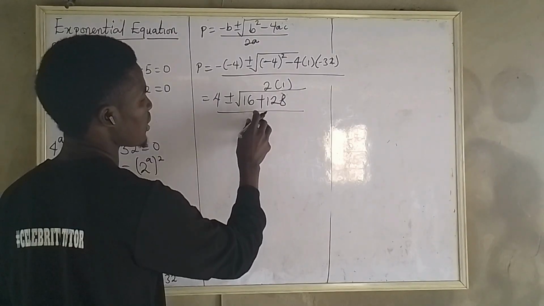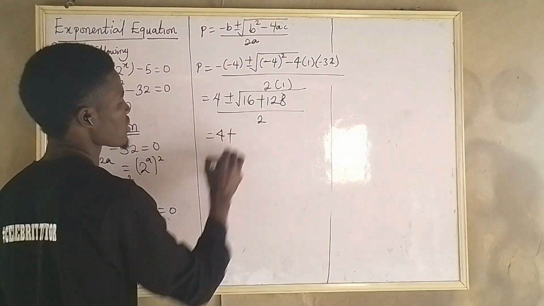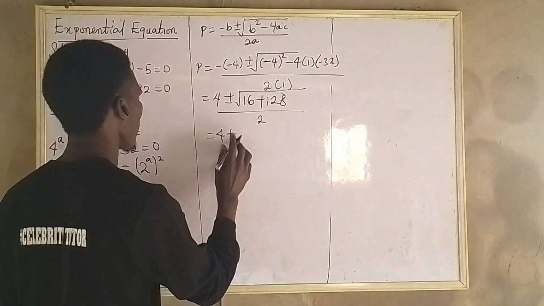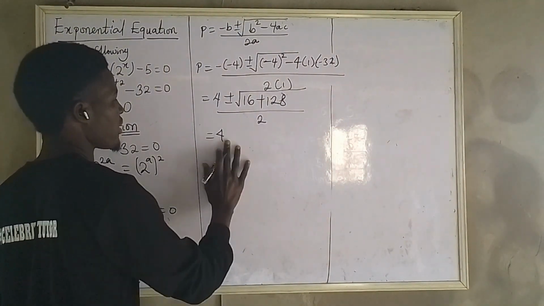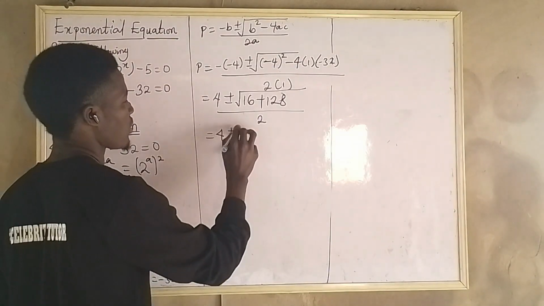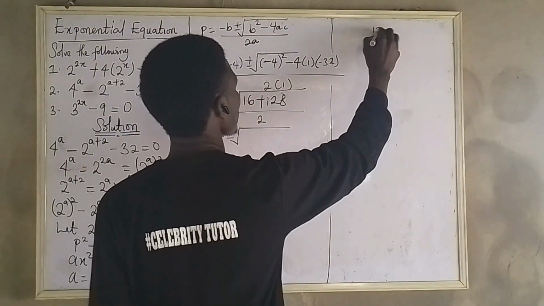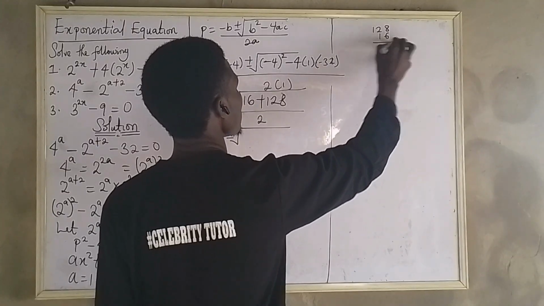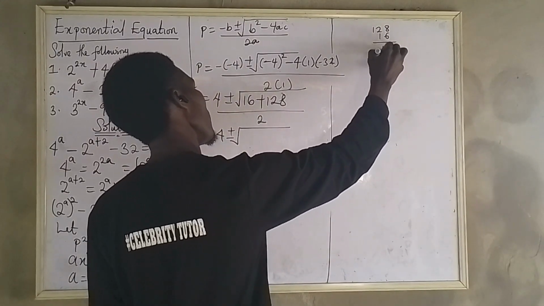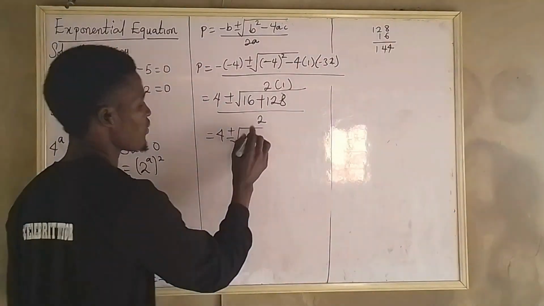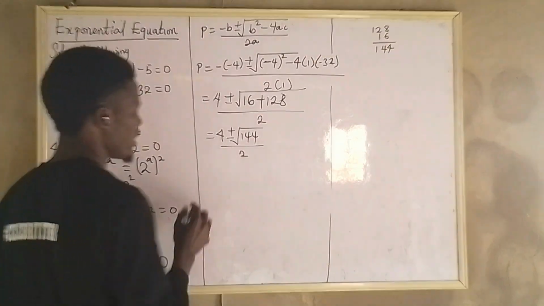Over 2. And that gives me 4 plus or minus square root of 128 plus 16, which is 144, over 2.